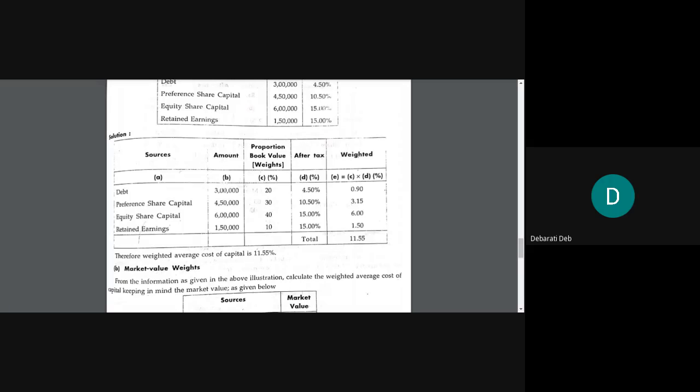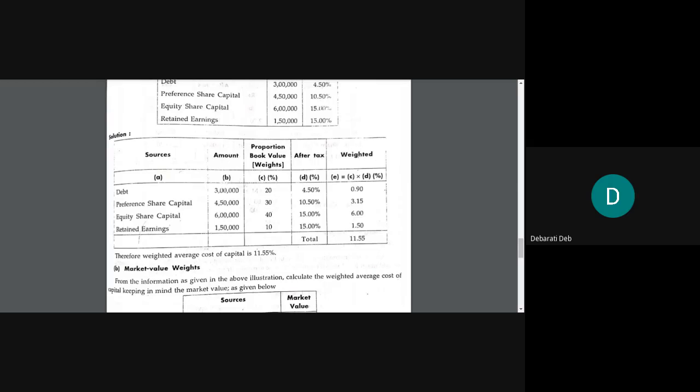Am I correct? Be careful about the percentage. Remove the percentage signs, then you calculate. Let it be in points. Afterwards, we will convert it into percentage again.